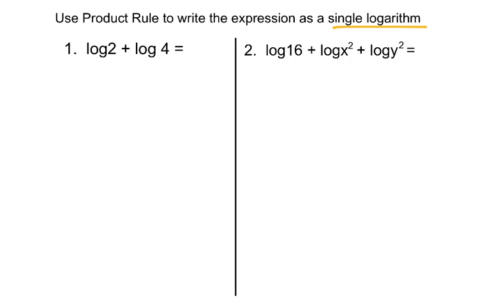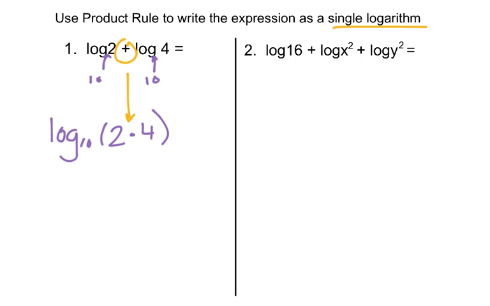And as long as everything's the same base, so notice it's not mentioned here, so it's a 10, you can rewrite this all as a single log base 10, or just log of 2 times 4. Be very careful that you don't bring this plus down in, because it's not plus anymore, it's multiplying once it's inside the log. And so then we can simplify this to log of 8.